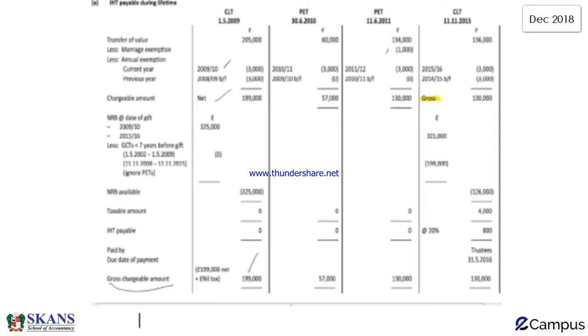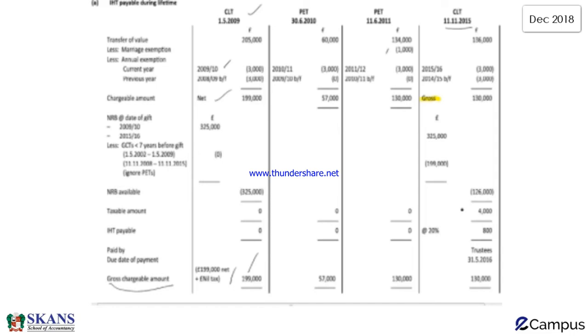And what are the gross chargeable amounts of the chargeable transfers within 7 years before the date of transfer? If we look into 7 years before the date of transfer, we can find only one CLT with a gross chargeable amount of 199,000. So the available nil rate band is 126,000, and the chargeable amount is just 4,000.